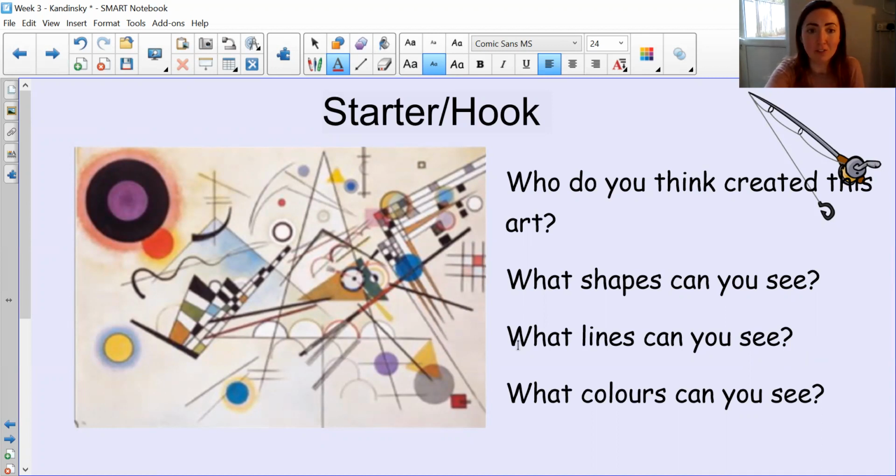So loads of different lines and shapes. What about colours? Again, a good mix of colours, aren't there? There's some pinks, some purples, black, grey, yellow, blue, orange, brown, lots of different colours in Kandinsky's work.